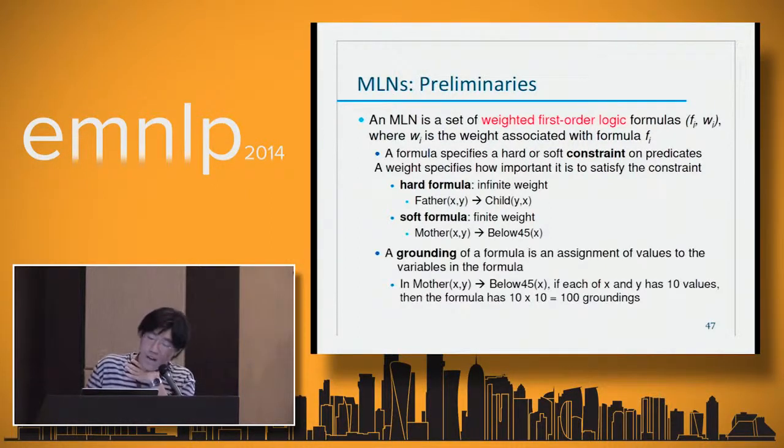Okay? Now, we talked about this before. A grounding of a formula is an assignment of values to the variables in the formula. In this case, we have the formula mother(x,y) implies x is below 45. If each of x and y has 10 possible values, then the formula would have 100 groundings because we have 10 values for x and 10 values for y.